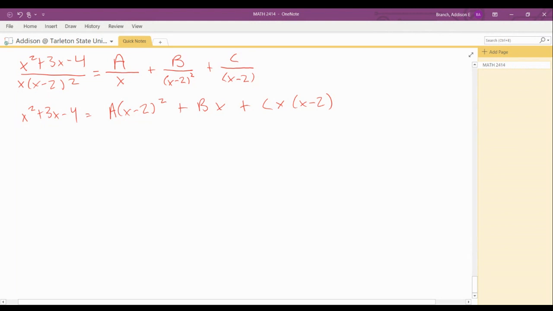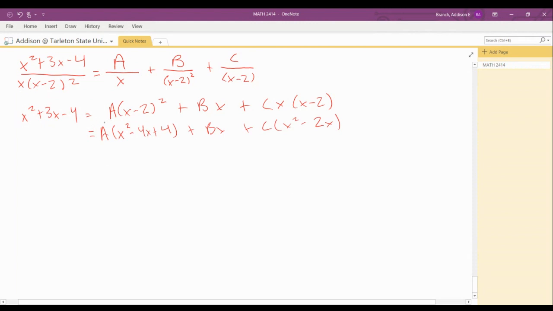So instead, we can expand all of this out. First we expand x minus 2 squared, so x squared minus 4x plus 4, plus bx plus c times x squared minus 2x.